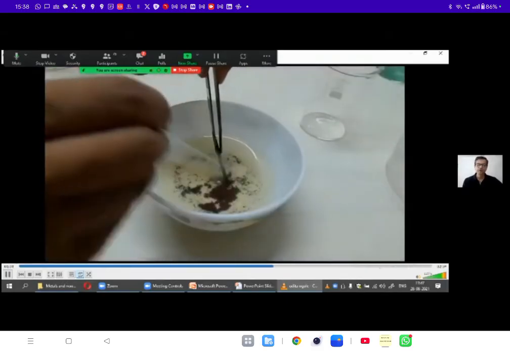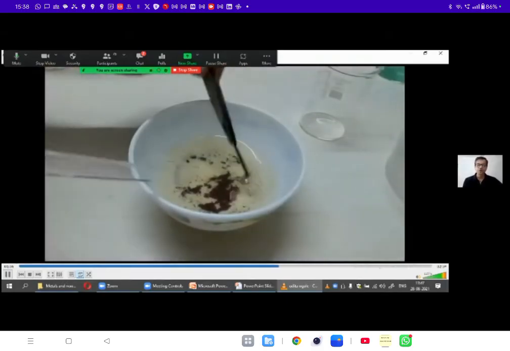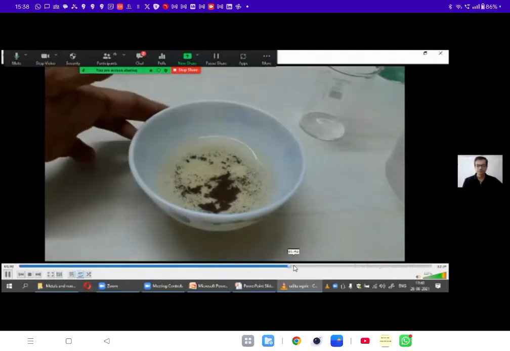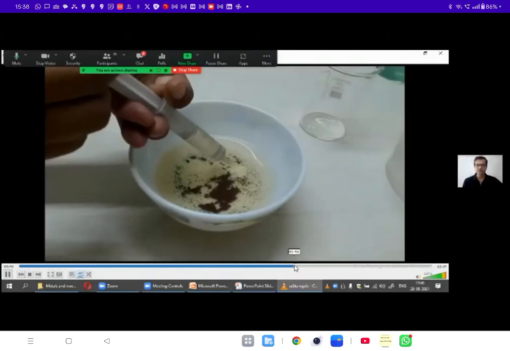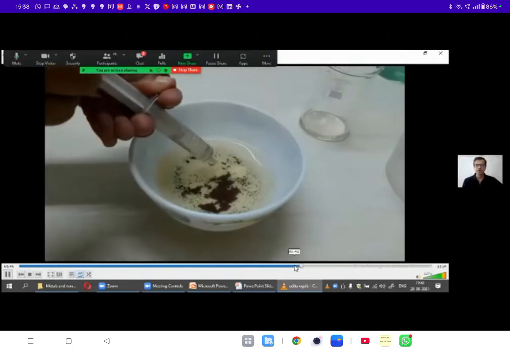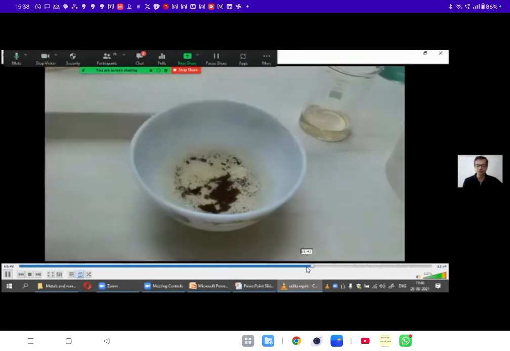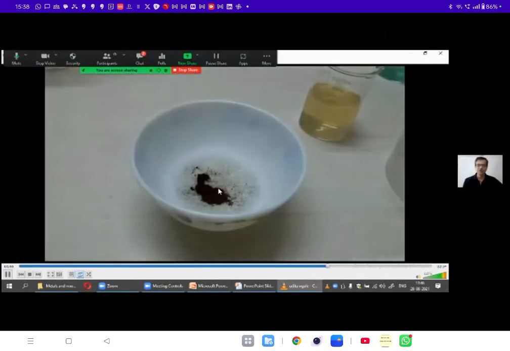So if you want, then you remove all the water and wash it properly. That can be done in the same process. Remove all the water quickly, so whatever impurities, some amount of ferrous sulfate will be there, that whole thing will be left, and then you will get this kind of copper.